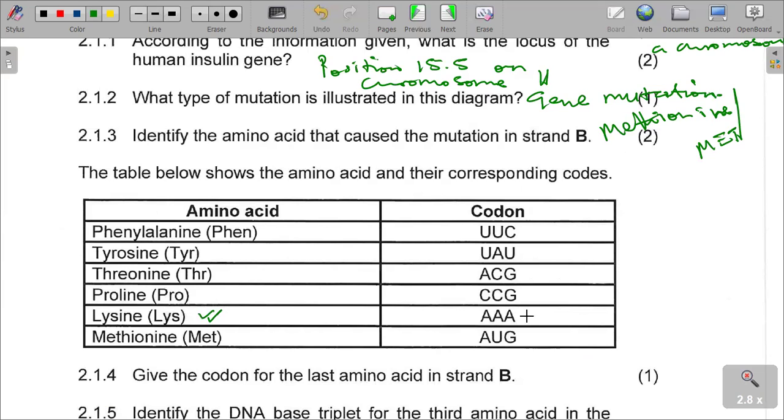The codon that is representing it is triple adenine, which is given there. So the question is saying give the codon for the last amino acid in strand B, as it is given here. You don't calculate anything. It is given, which is triple adenine. It is actually given in this case.